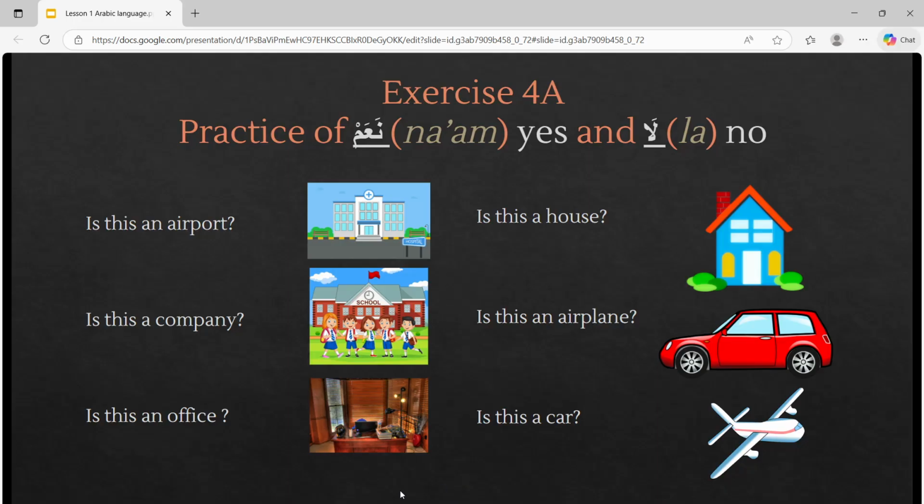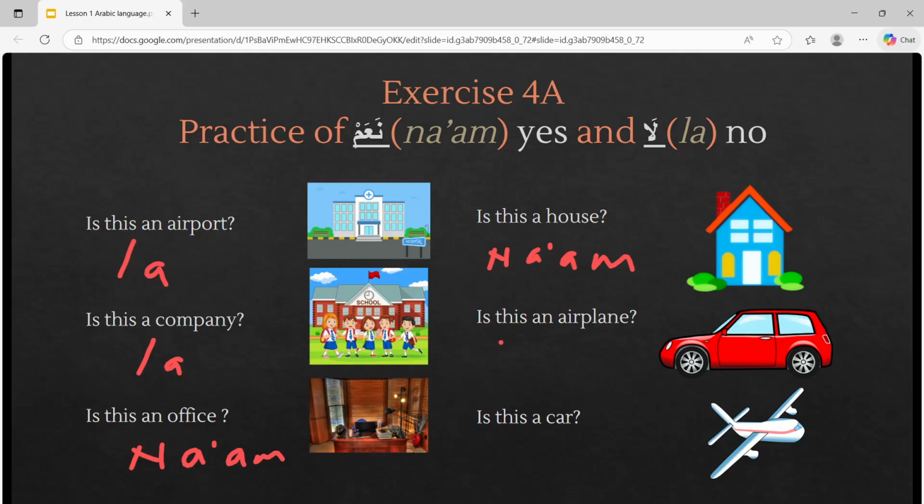Yeah, maybe we can just write it here. La. Okay. Let me get my pen here. La. Is this a company? Also, this is la. And this is na'am. Okay. Is this a house? Yes.